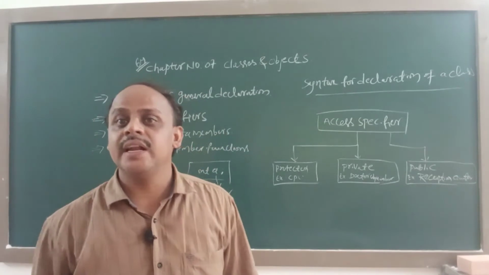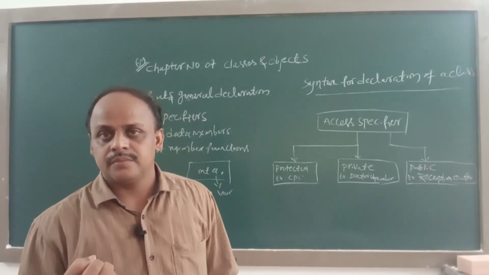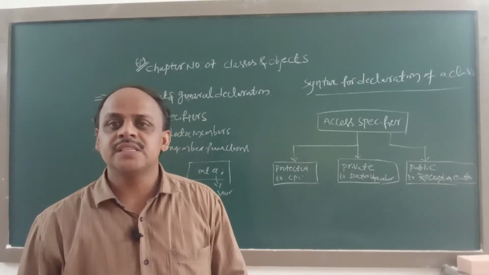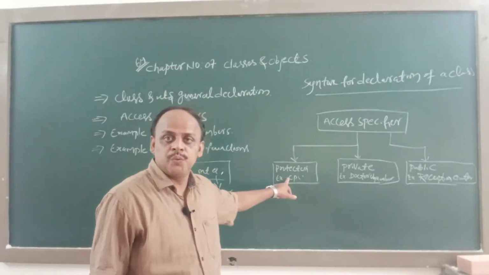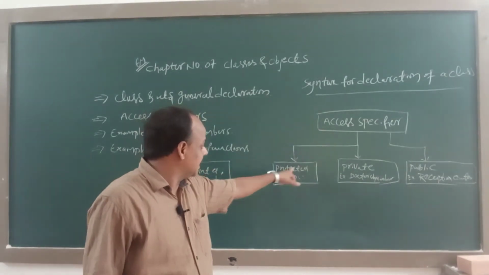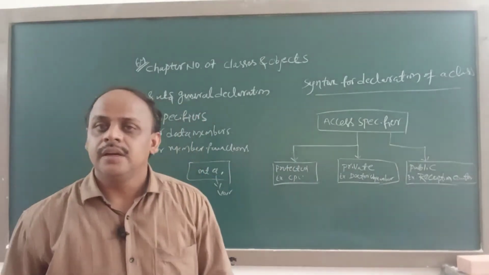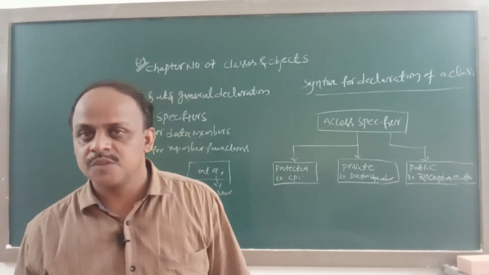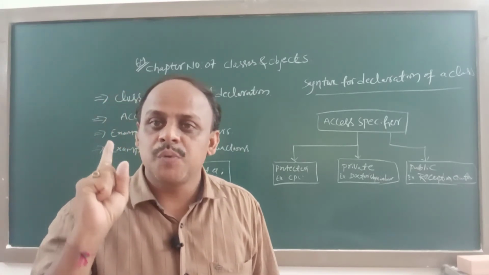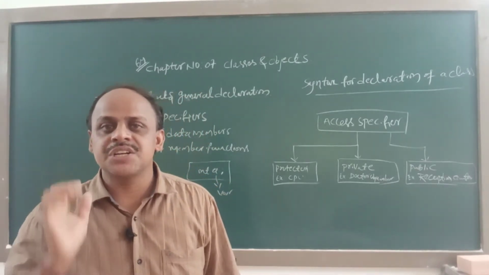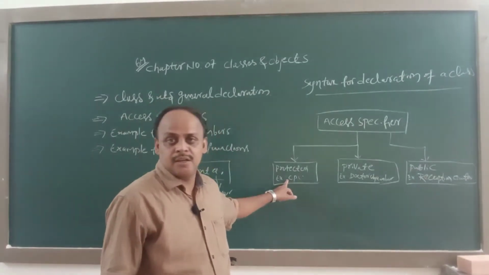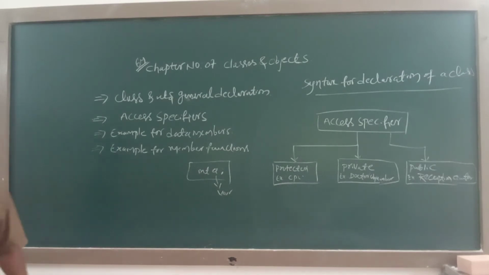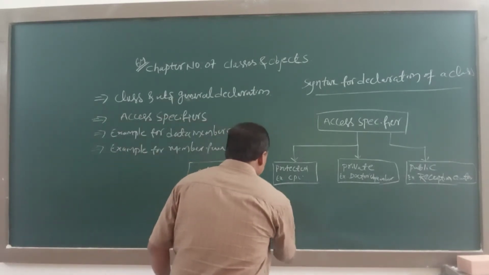At that time only we can visit or contact the patient who is admitted in the ICU. Like that, if members are declared under protected, they are not accessible outside the class; if we have to access them outside the class, it is possible only with the help of a special function called a friend function. Like that, this diagram tells what?